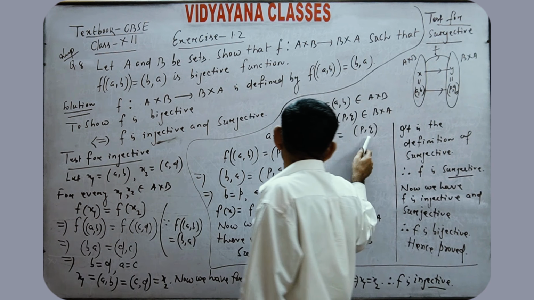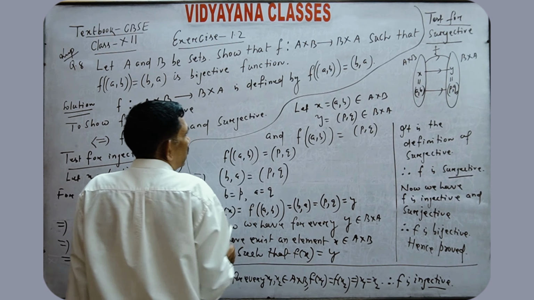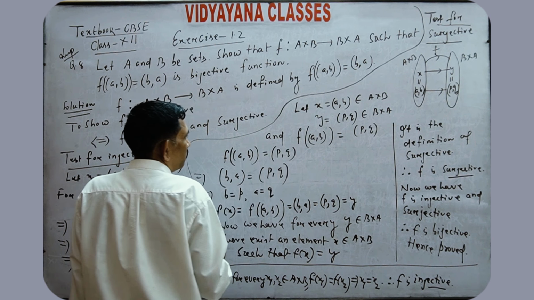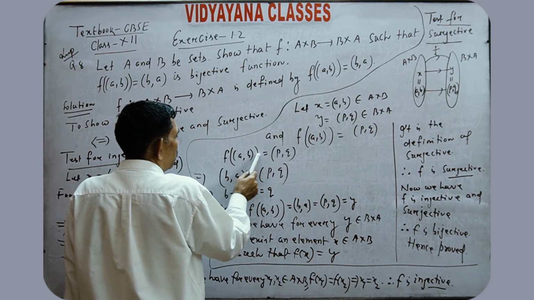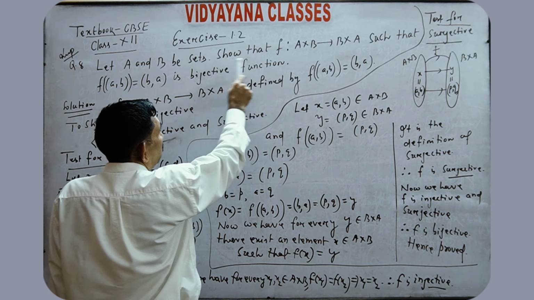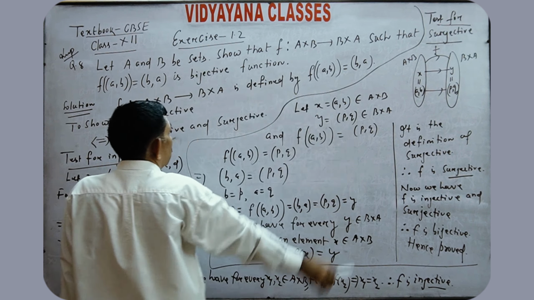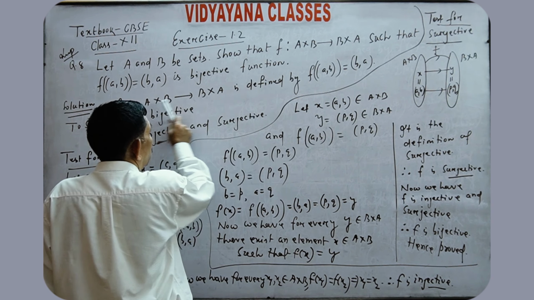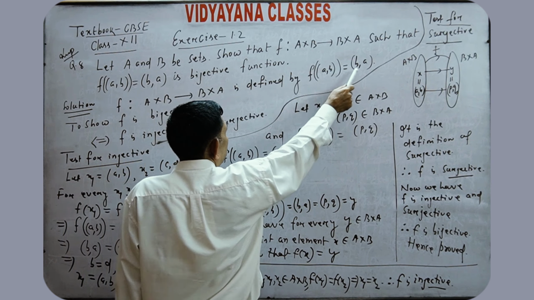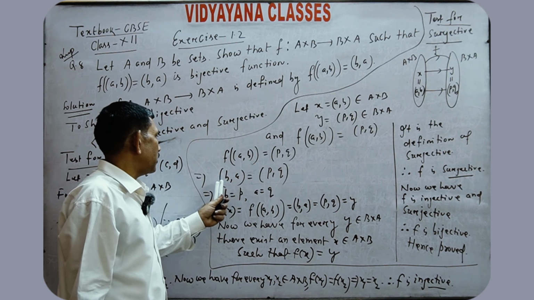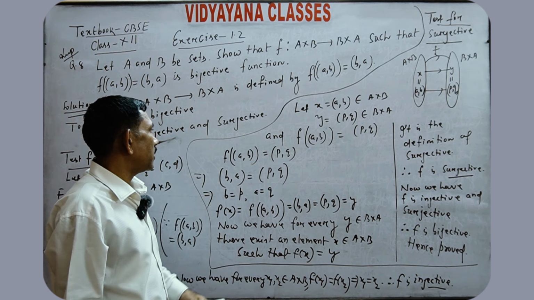F of AB ordered pair is equal to PQ ordered pair. By the definition, F of AB ordered pair is equal to BA ordered pair.